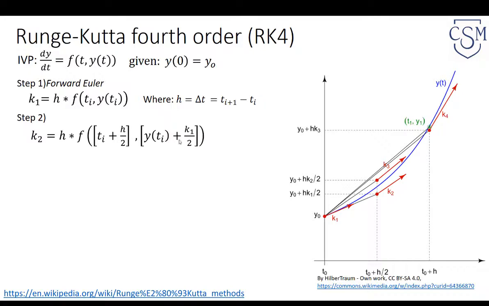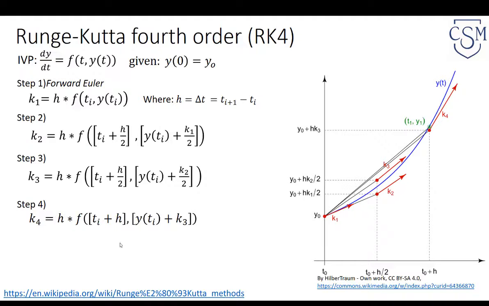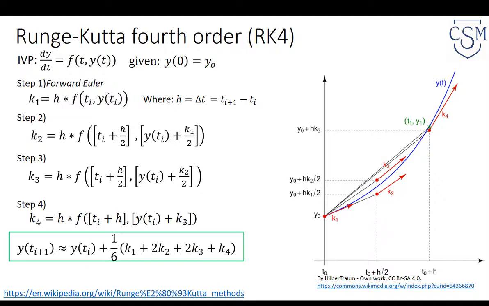So this is like RK2 right now, like the predicted value of y. We're calculating this at the new time step with the predicted value of y of ti from forward Euler. Then we do our third step, and now we do f of ti plus h over 2, the same time step, but now we're adding k2 over 2. Finally, we have k4, which is h times f of ti plus h and y of ti plus k3.